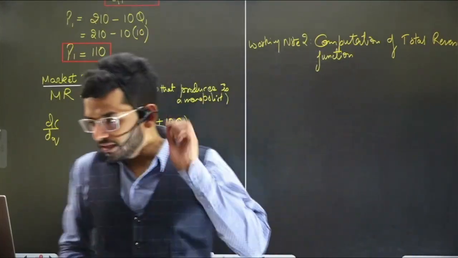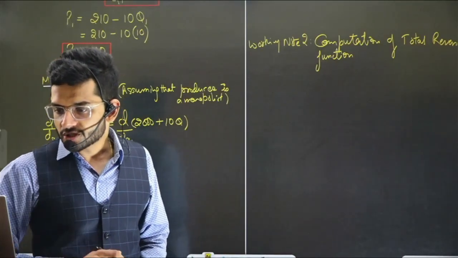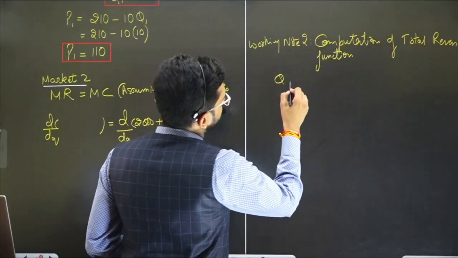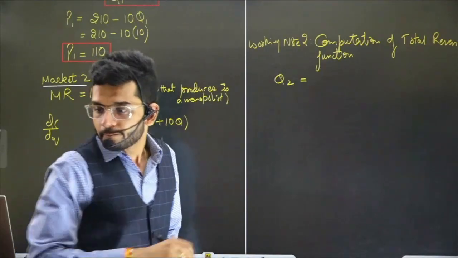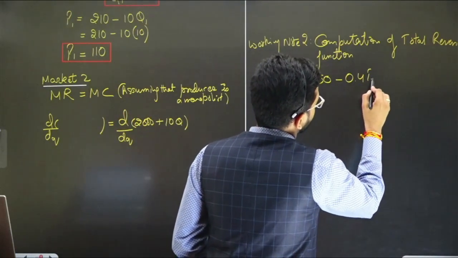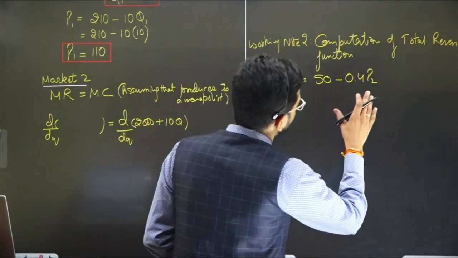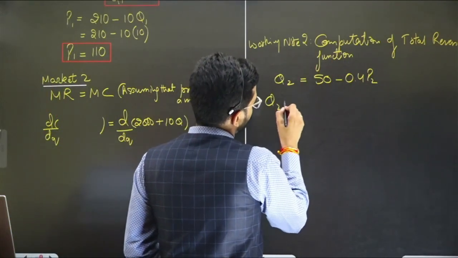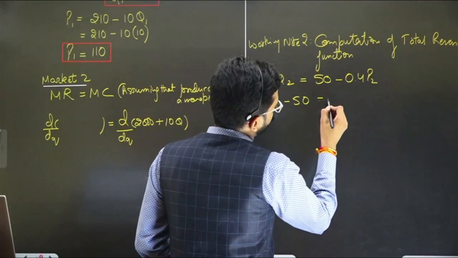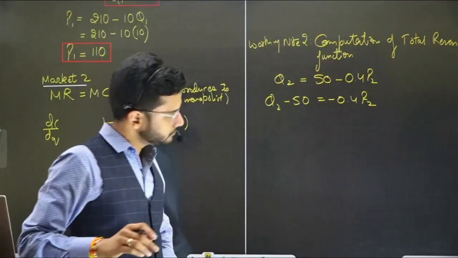So first tell me, in market 2, what is the demand function? It is Q2 is equal to 50 minus 0.4 P2. This is the demand function. Again, we are going to compute P from it: P is equal to minus 0.4 P2 rearranged.